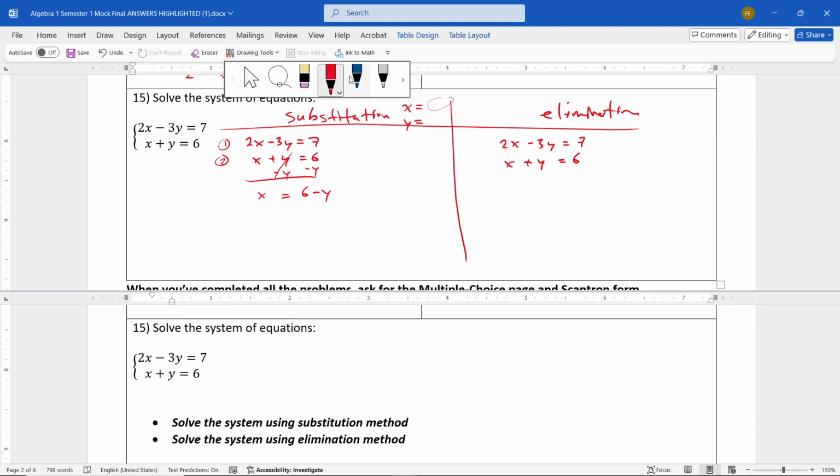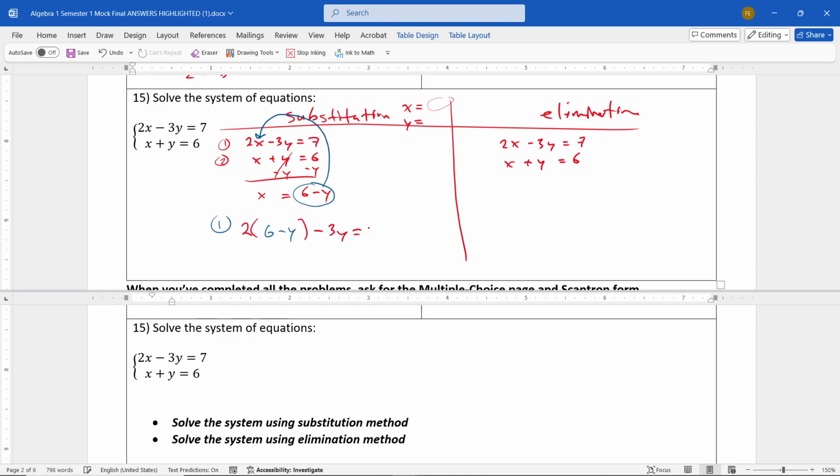And now for the substitution technique itself, since x is the same as 6 minus y, we can substitute this in place of x in the other equation. So that is the substitution method. So equation 1, after substituting, becomes 2 times, but instead of x, it's going to be 6 minus y, but still minus 3y equals 7.